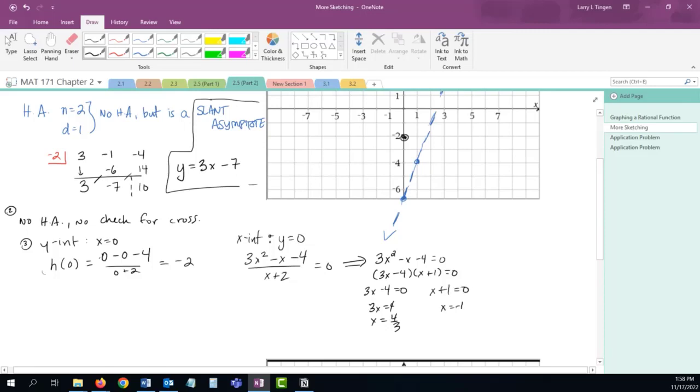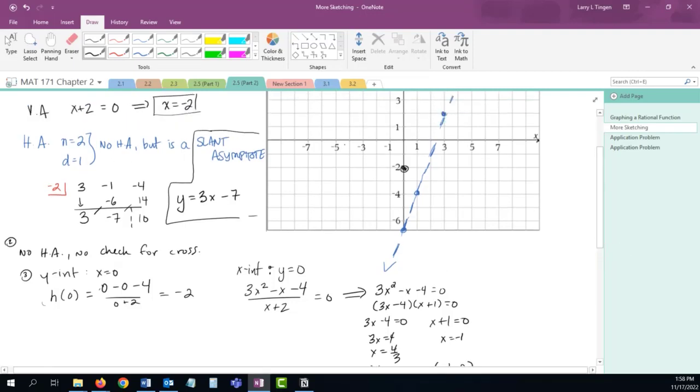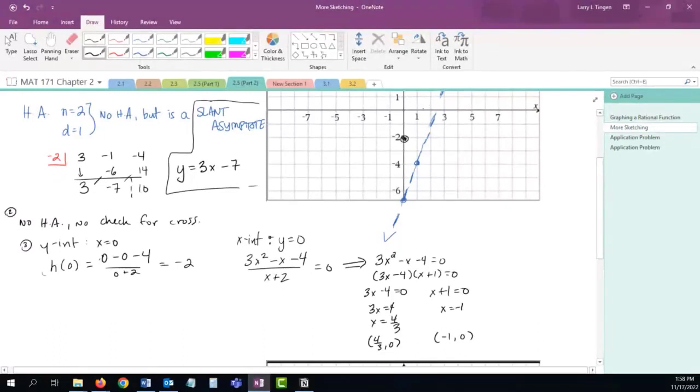X is negative 1. So that means I've got x-intercepts at 4/3, 0, and negative 1, 0. 4/3, 0 is right here. 4/3, 0, and negative 1, 0.